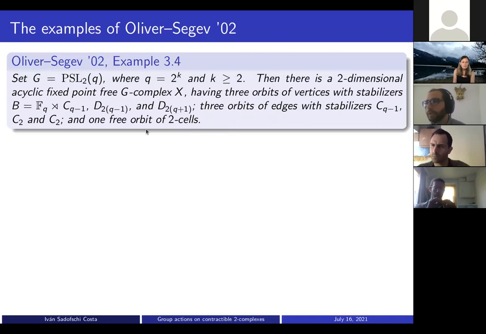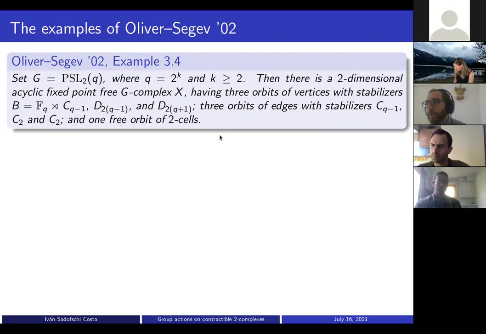There is a lot of freedom in how to construct this, because first we must decide how to attach the orbits of 1-cells, and then there is a lot of freedom in choosing how to attach the orbit of 2-cells, because we have to choose an element in a free group of high rank.